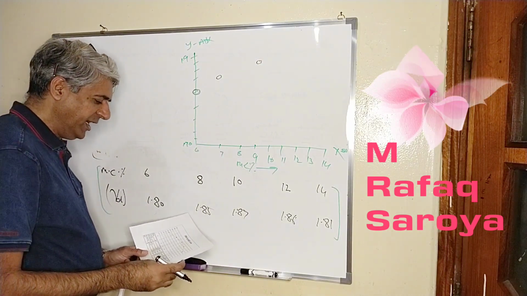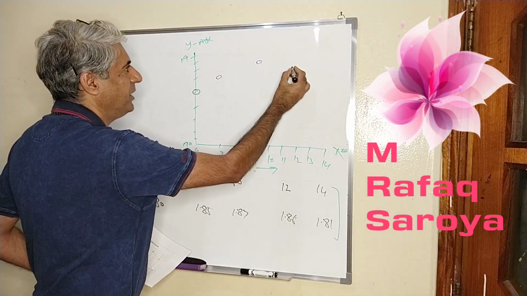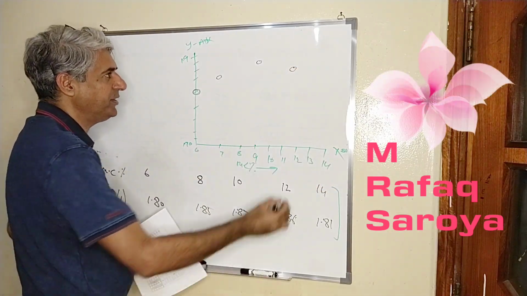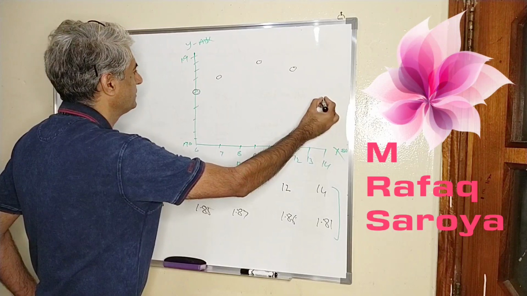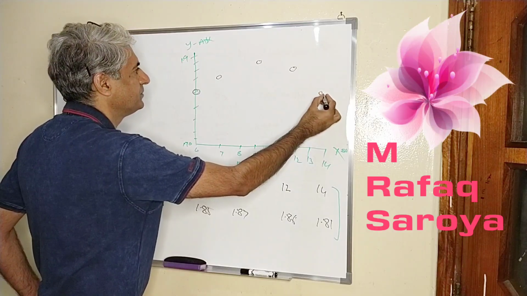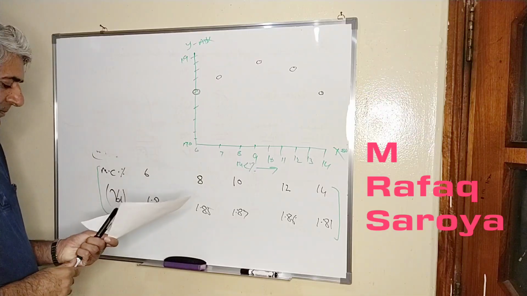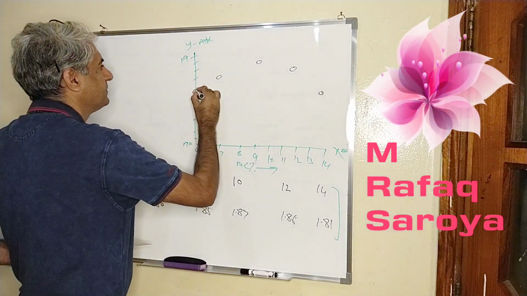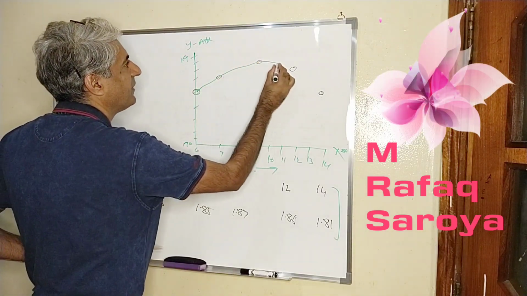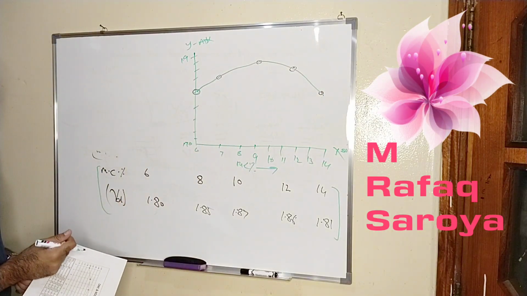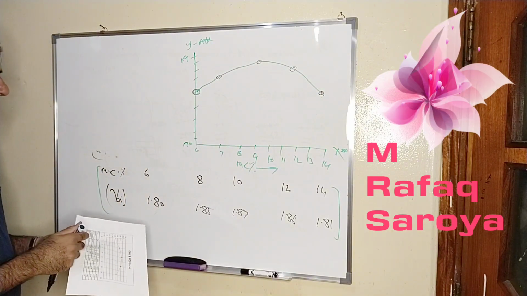When the moisture content is 12%, it's 1.86. When your moisture content is 14%, it's 1.81. Let me join these values. Now you see, I have joined this.